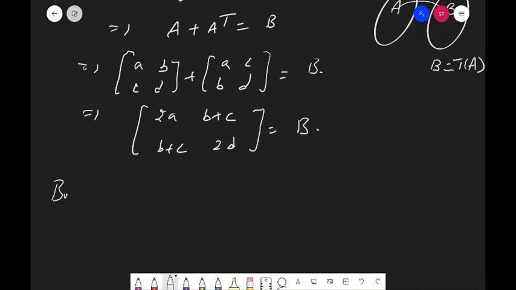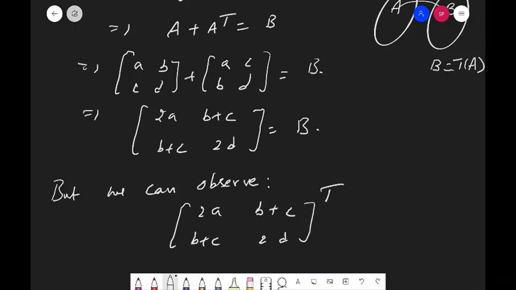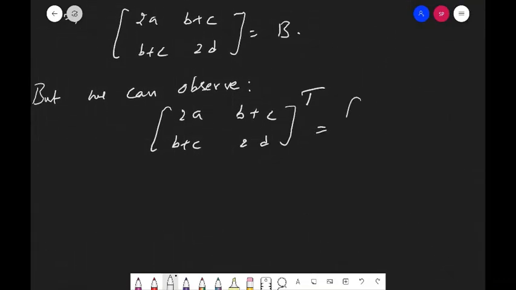But here we can observe that if we take the transpose of [2a, b plus c; b plus c, 2d], it will be also [2a, b plus c; b plus c, 2d].